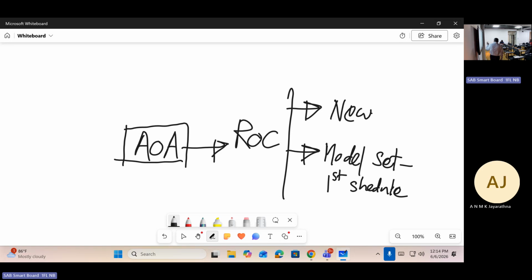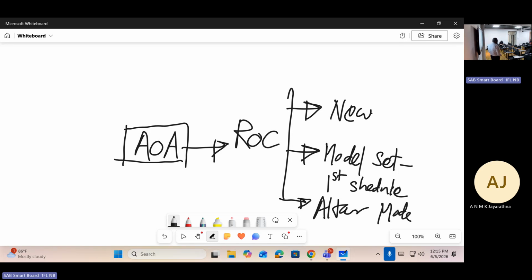Then the third option is that the company can alter the model set of articles and adopt it. So there are three options.